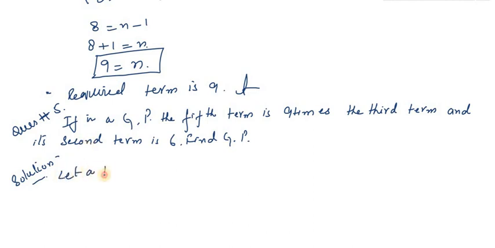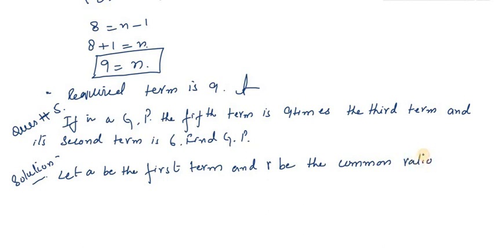Let A be the first term and R be the common ratio. The general term is given as... The fifth term is 9 times the third term.